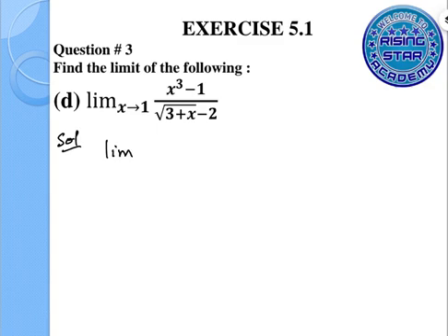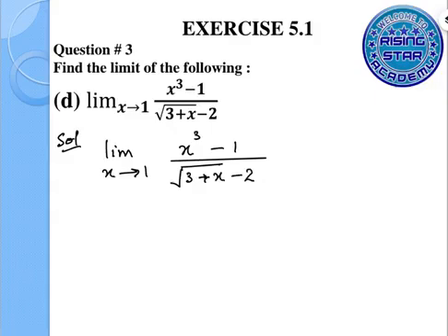So here we have (x³ - 1) over (3 + √(x + 2)). Before starting the rationalization, I need to factorize this numerator part.